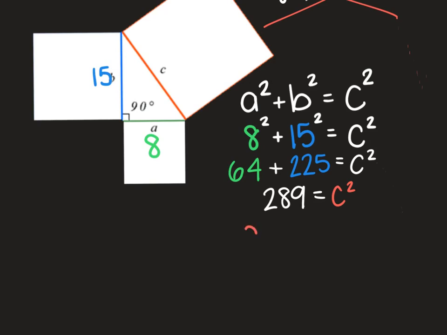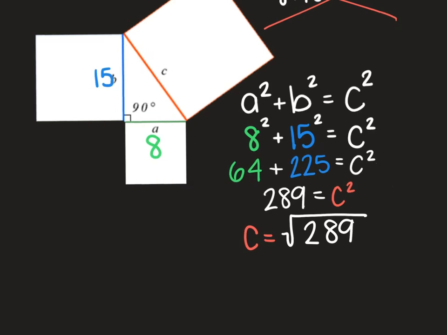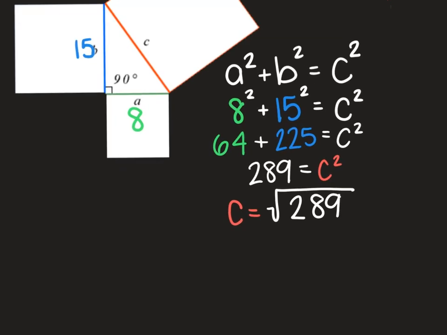So if we want to figure out what C is, we have to take the square root of 289. And this is why I was stressing your perfect squares so early in the school year, because you have to be able to know at least what numbers are close. So the square root of 289 means that C just equals 17.